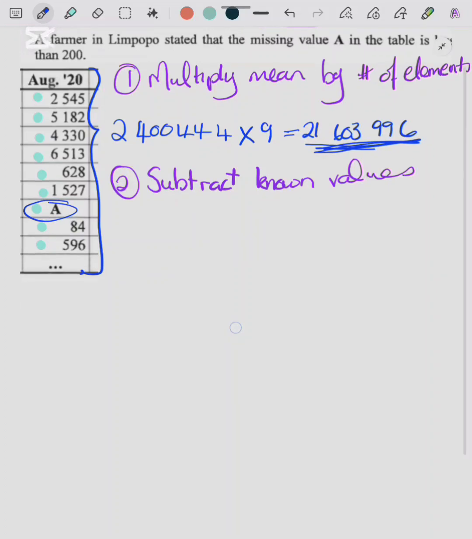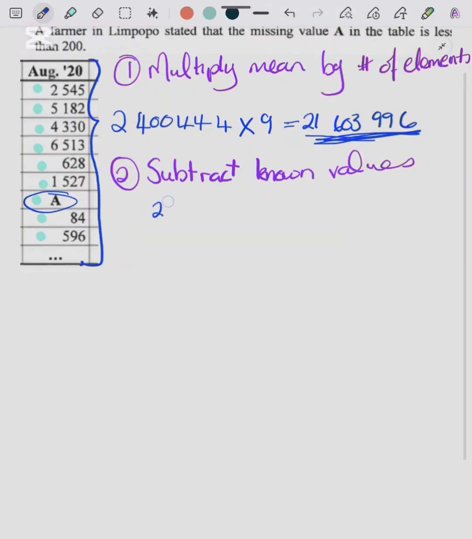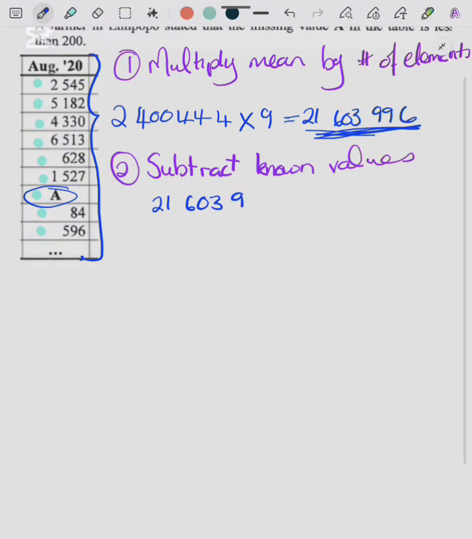Okay, so if I'm going to do this, I'm going to say 21,603,996, and I'm going to start subtracting. So the first one I'm subtracting is 2,545,000.